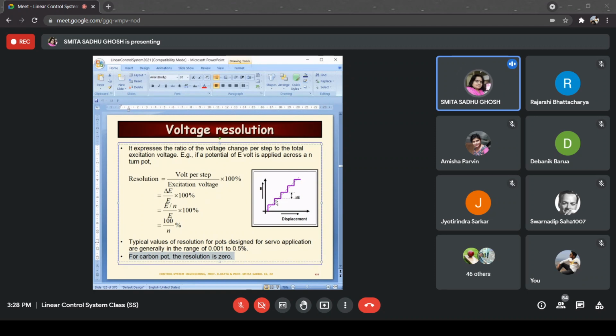That is, the size of the steps is going to be very, very small and tends to 0. The dotted straight line characteristic is the one that is valid for a carbon potentiometer, and consequently the resolution is going to be equal to 0.